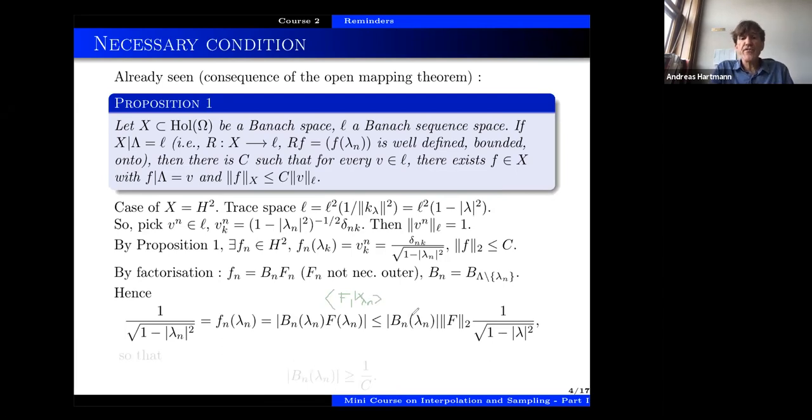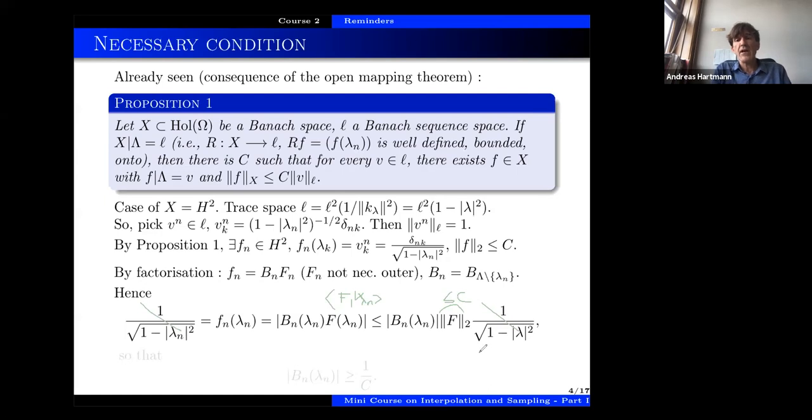And then by Cauchy-Schwarz, I can bound this by the norm of F times the norm of Kn, and the norm of Kn is 1 over square root 1 minus lambda n squared, and at the end of the day, I can cancel out this factor. The norm of F is controlled by C.